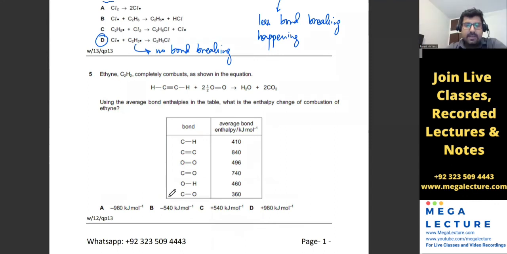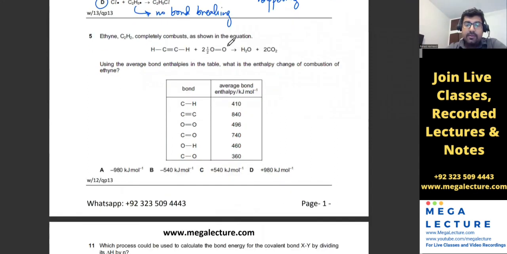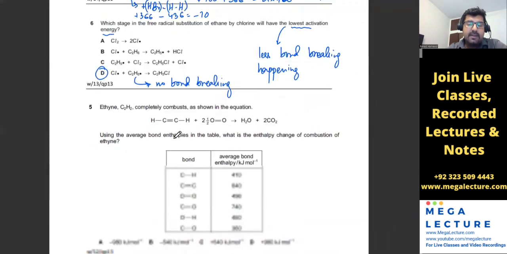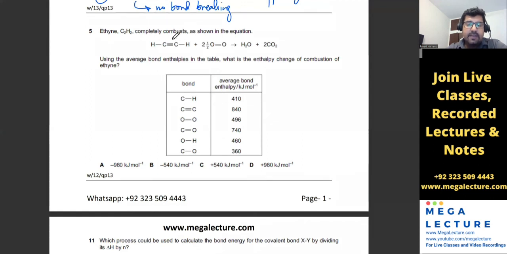Okay, next one, let's do this one, again bonds broken and bonds formed. They've given the table. Now the table would be printed similar to this. Most of these questions they didn't give you the table, but now it's going to be printed next to it like this. So how many bonds broken?